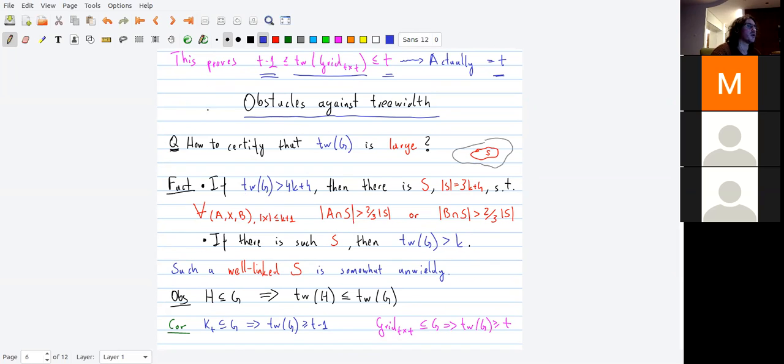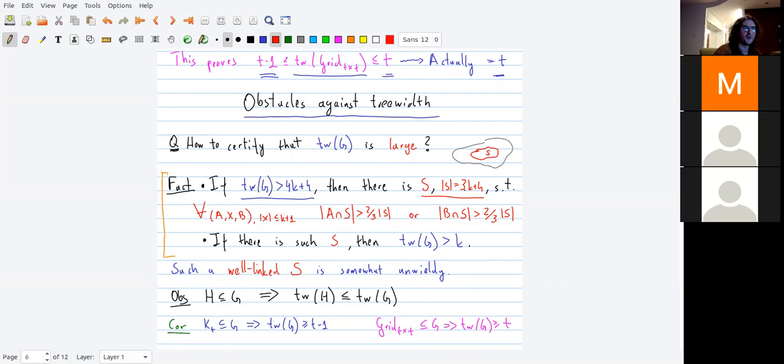We have actually already seen some way of witnessing that the treewidth of a graph is large, namely why our approximation algorithm failed. I claim that from our approximation algorithm, the following statement follows: if my graph has large treewidth, larger than 4k plus 4, then there must be a set of vertices S that cannot be broken in a balanced way.